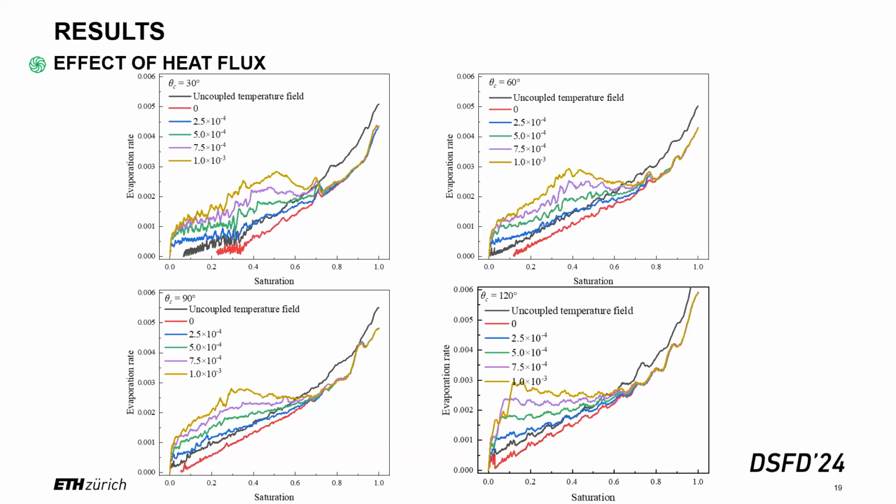But once the saturation is less than about 0.7, the heat flux increases the evaporation rate, and at last once the porous media is drying, the evaporation rate is reduced to 0.